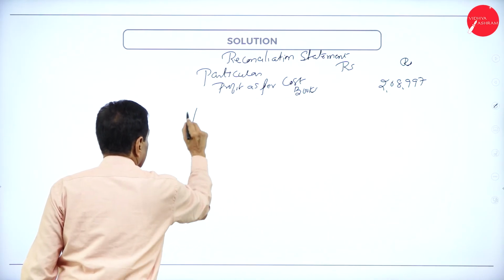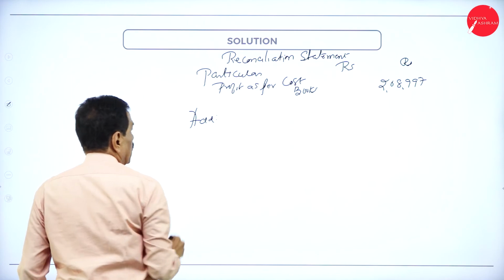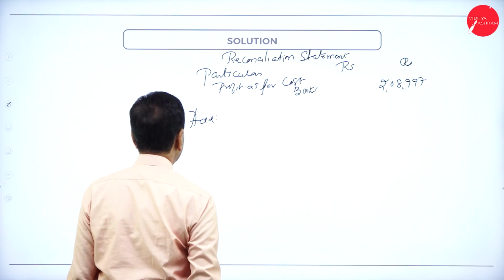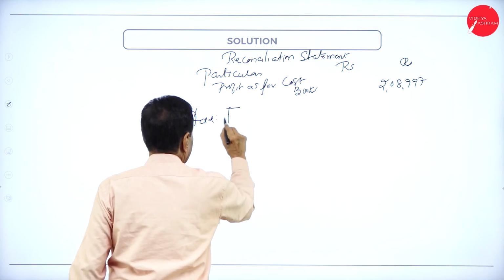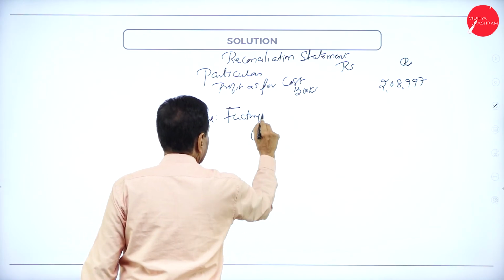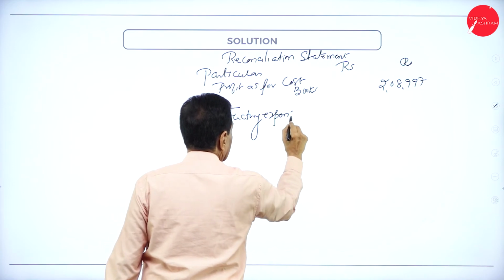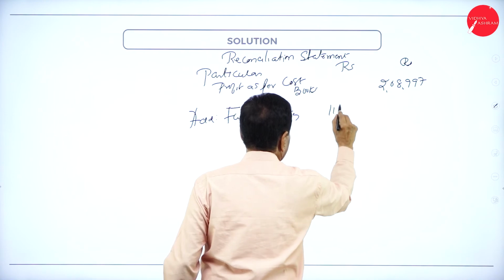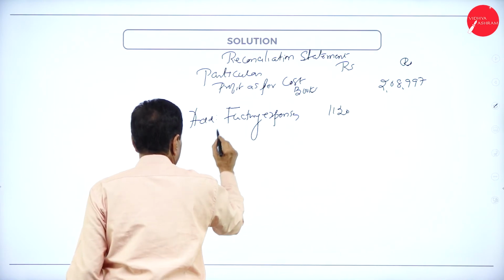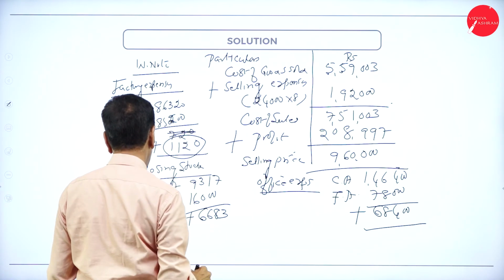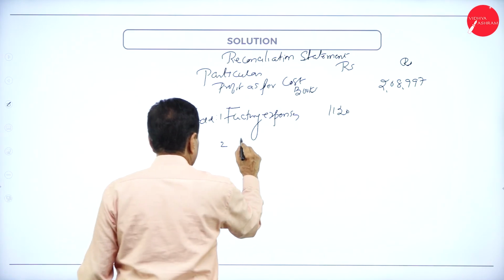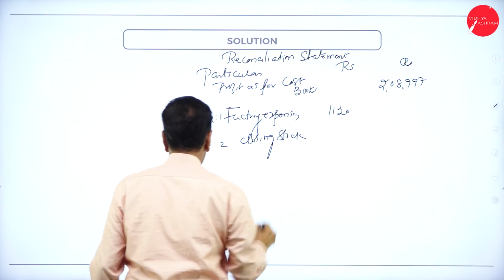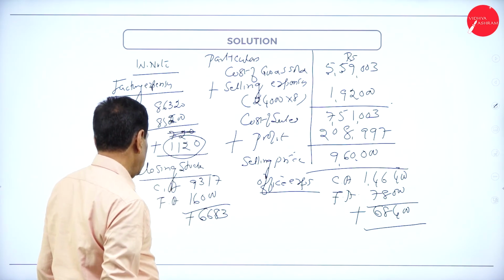Add. So what are the pluses you made? What is the first one? Factory expenses, 1,120. This is 1. This is 2, closing stock, 6,683, which is plus.